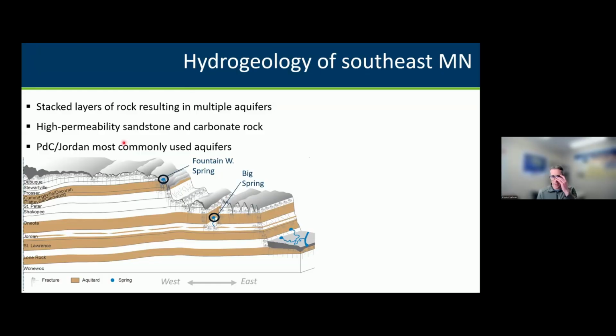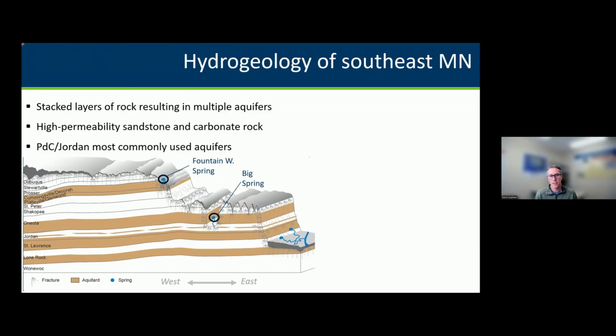So to understand how to interpret that, we have to look at the geology. If we look at a cross-section of southeast Minnesota, which would also apply to northeast Iowa, from west to east, these are the different rock layers that we have. East is closer to the Mississippi, and west is in those more western counties of Mower and western Fillmore County.